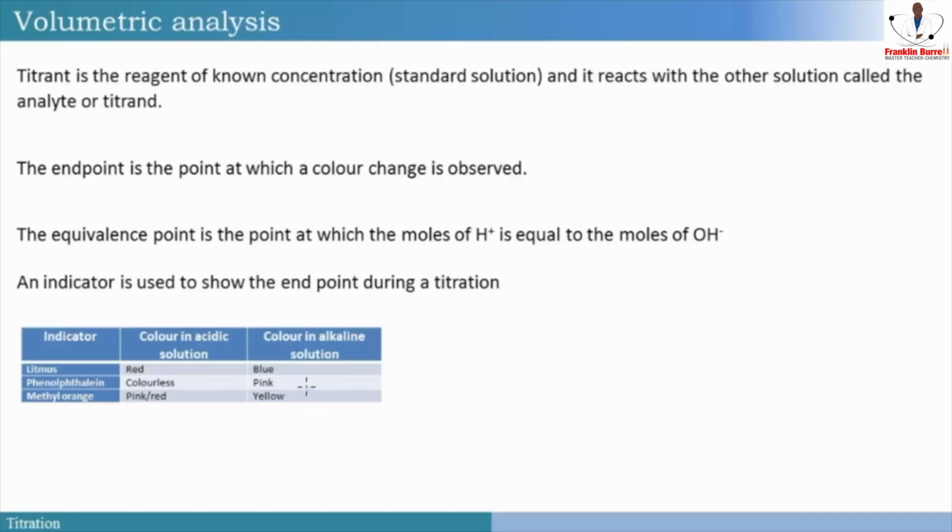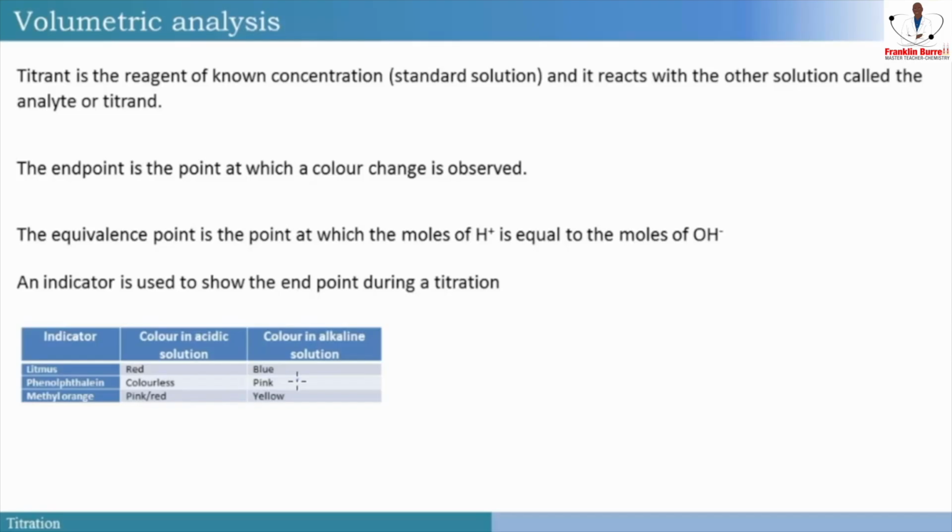But the moment that we run the alkaline solution from the titrant into the conical flask which contains the acidic solution, the moment that it becomes alkaline, the color will change to pink, and it is saying to us, stop running the titrant into the analyte because I am now finished.